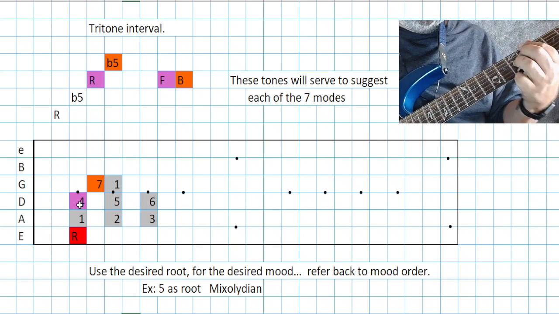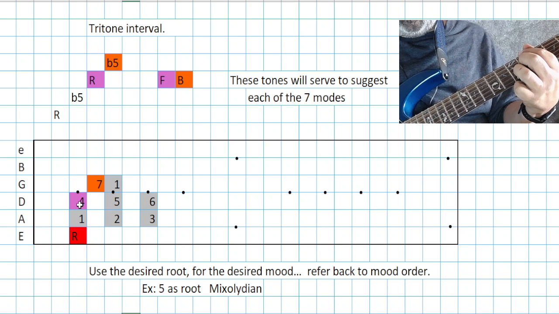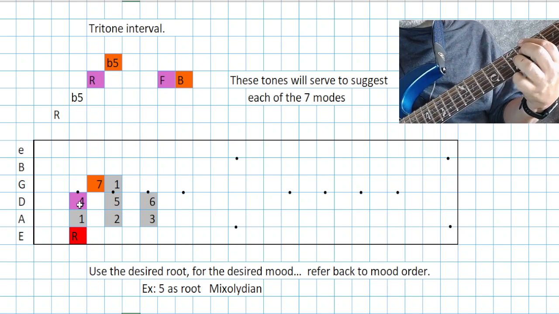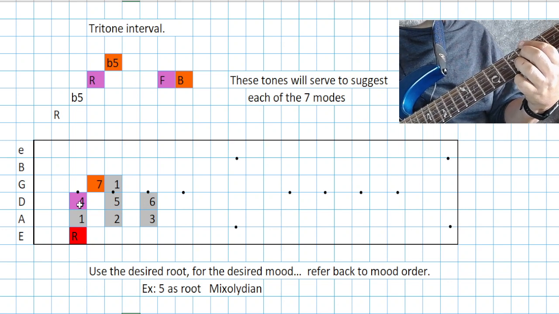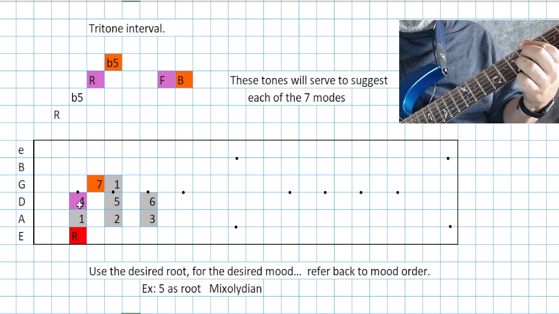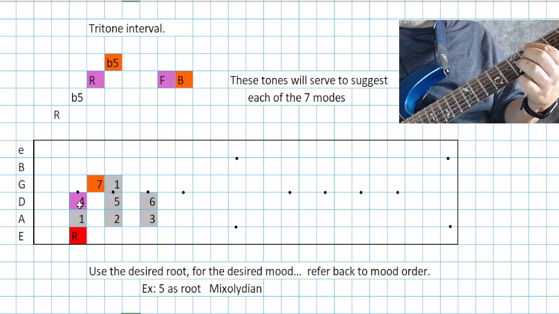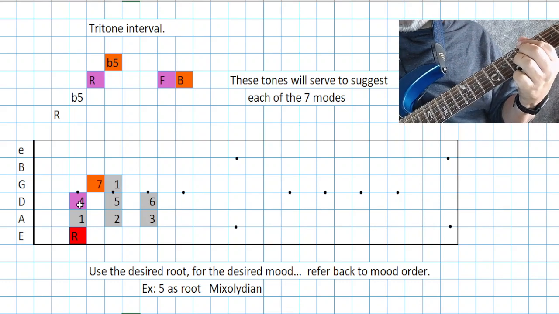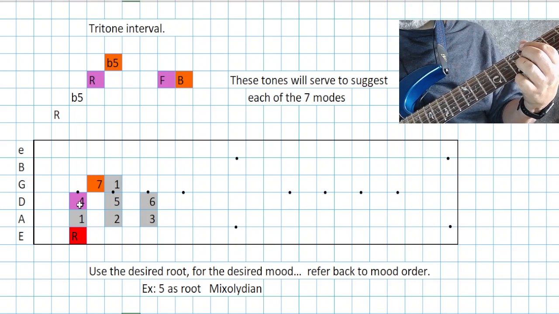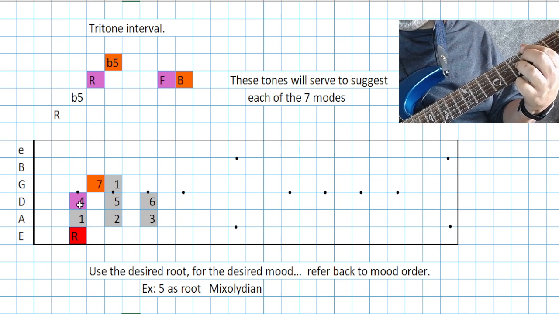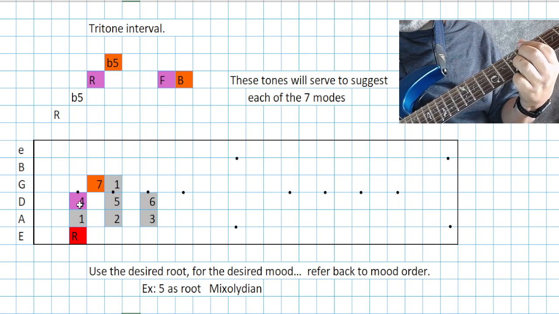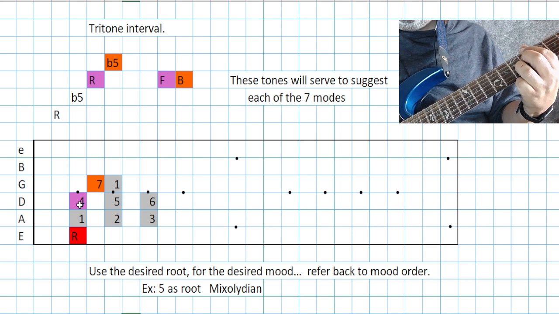Well, you would comp with this chord here. But you've unlocked a lot of information pretty simply: these are going to be your character notes, probably your most important notes when you're playing Mixolydian.